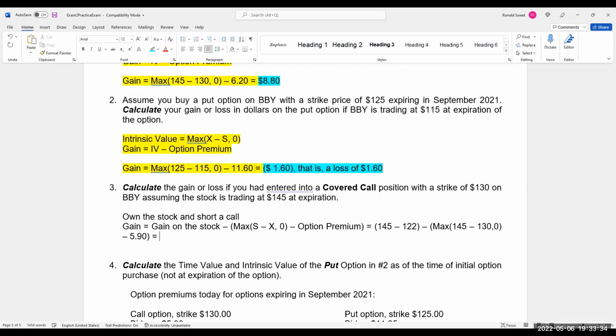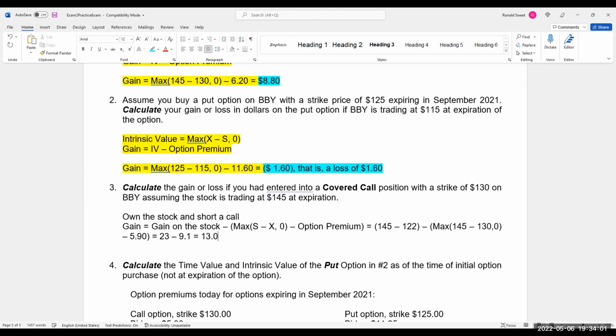So that equals 23 minus 9.10. Hopefully, does that sound right? Yeah. 23 minus 9.1 gives me 13.90, and that's the answer I got.